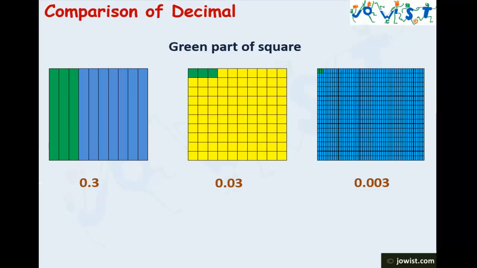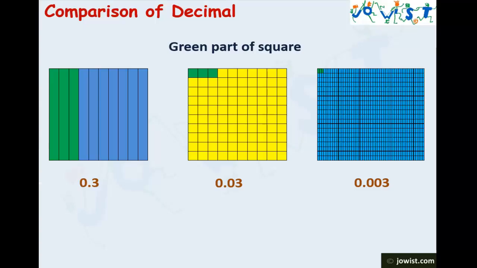From the pictorial representation, we know that the green shaded part in the first square is bigger than the second square, or 0.3 is greater than 0.03. Similarly, the green shaded part in the second one is bigger than the third one.